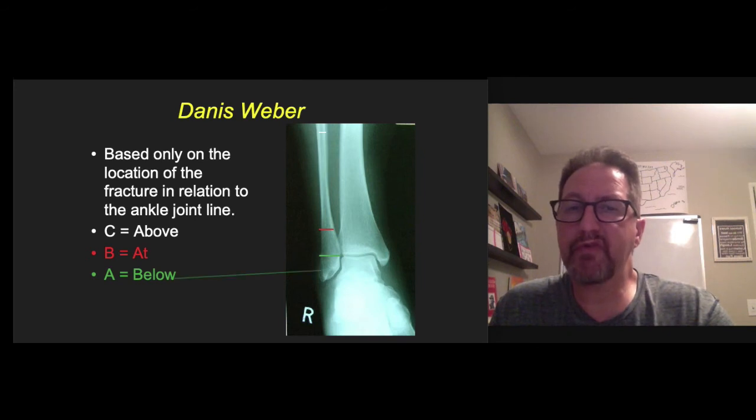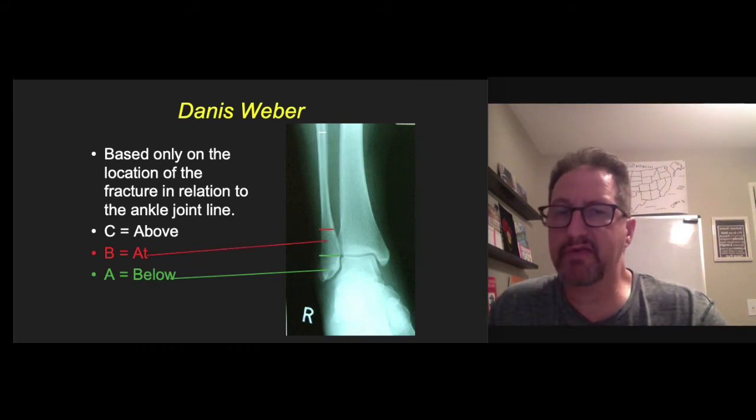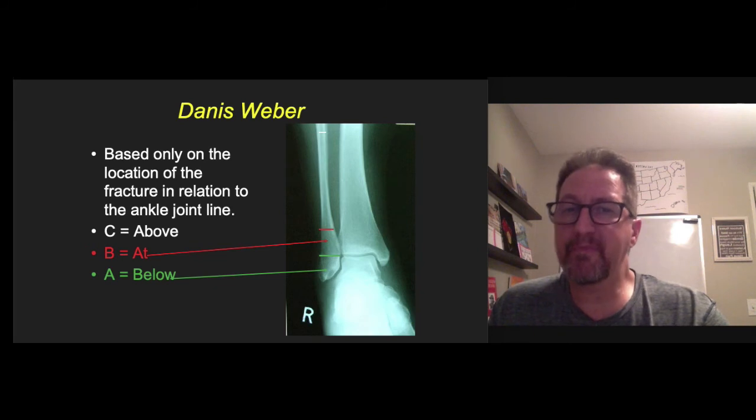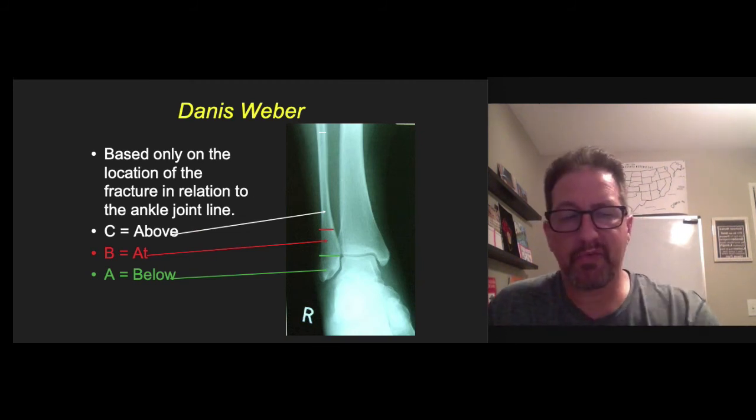If the fracture is below the level of the ankle joint, then that is a Danis-Weber A. If it's at the level of the ankle joint, which means that the fracture starts at the level of the ankle joint, and what you're seeing here between the green line and the red line is considered the ankle joint line, and that includes where the fibula is articulating directly with the tibia, that's the incisura, so that's considered part of the ankle joint, and then everything above that is considered above. So Danis-Weber A, Danis-Weber B, or Danis-Weber C.